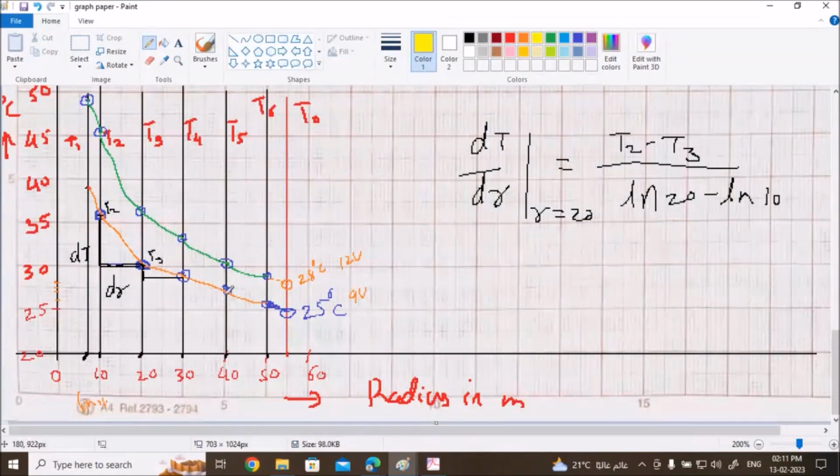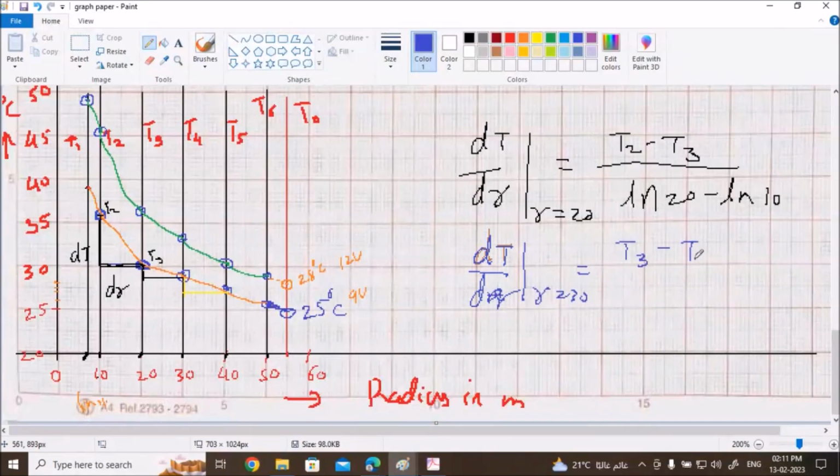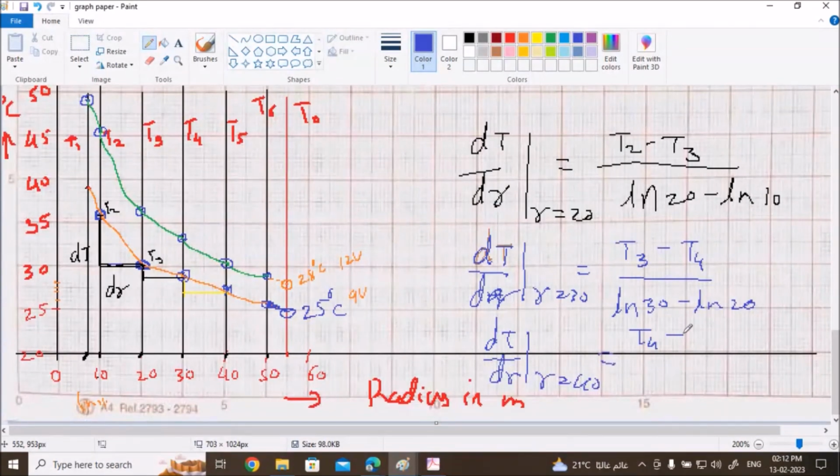Then again for 40 you can draw vertical and horizontal lines. dt by dr at r equal to 30 is equal to T3 minus T4 divided by ln 30 minus ln 20. So same way for dt by dr at r equal to 40 is T4 minus T5 divided by ln 40 minus ln 30.